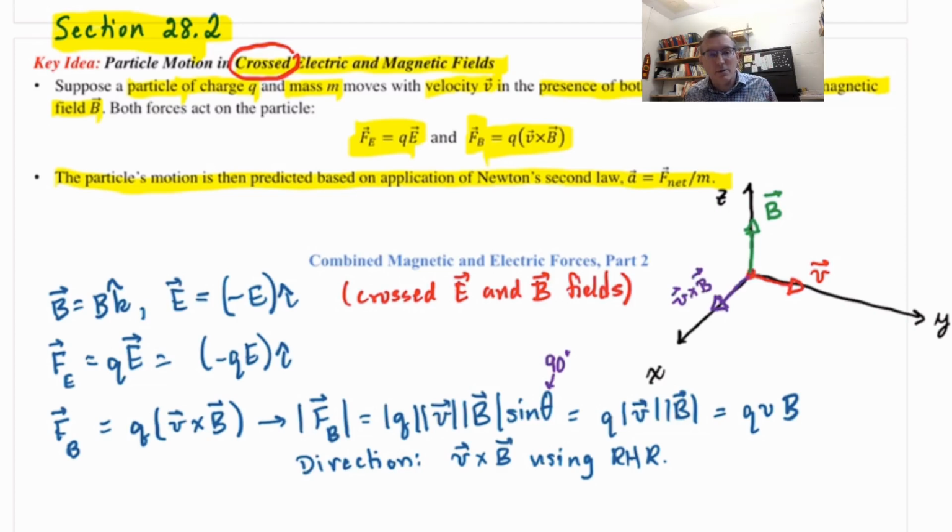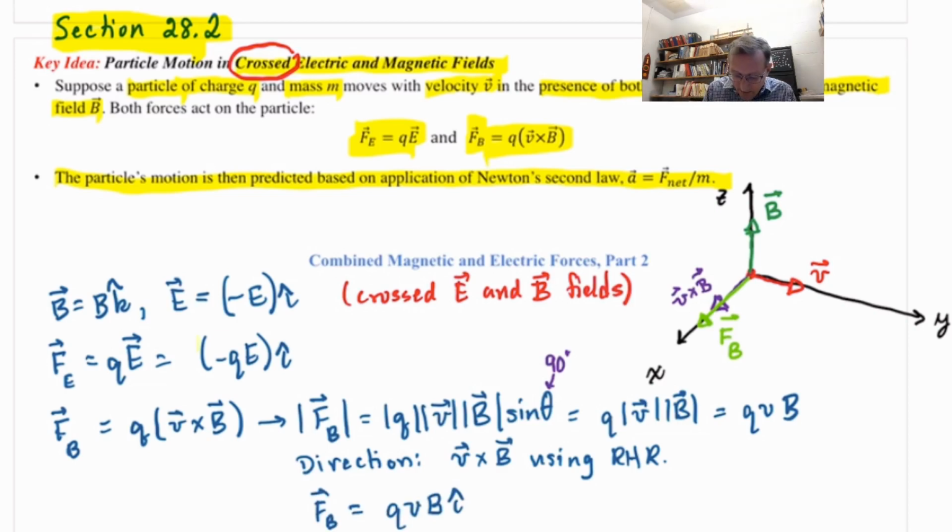Then you get the direction of the force. It depends on whether Q is positive or negative. If Q is positive, the force magnetic is in the same direction as V cross B. Well, that's what we've got here. So F_B is like that. So my final expression for the magnetic force is QVB i hat.